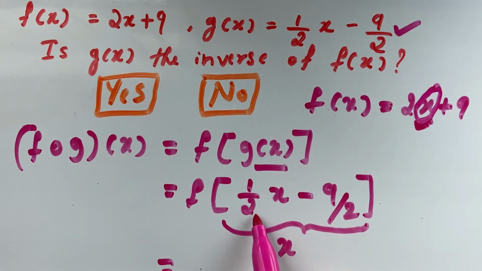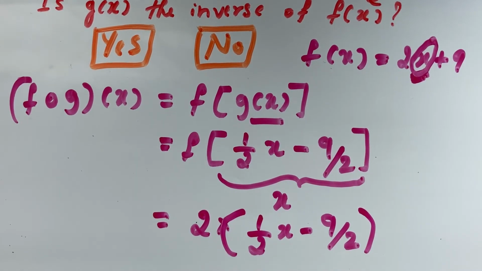Here x is half x minus 9 over 2. So which is nothing but 2 times, in place of x you have to replace half x minus 9 over 2, plus 9.